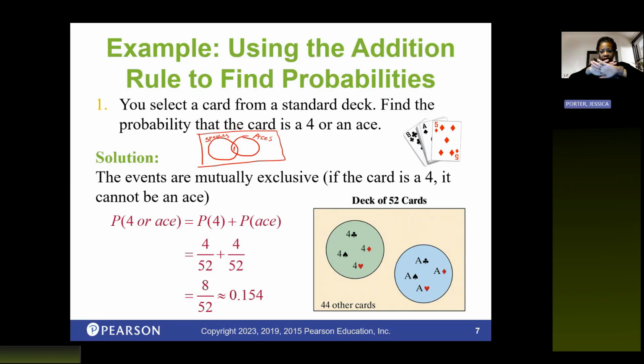So one ace is a spade. In this case, there is no overlap because the fours can't be aces. Does that make sense? Right. A 4 is not an ace. And they don't have any overlap in that case. Cool.